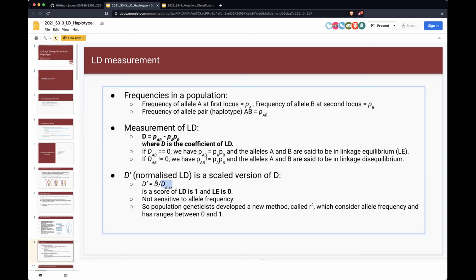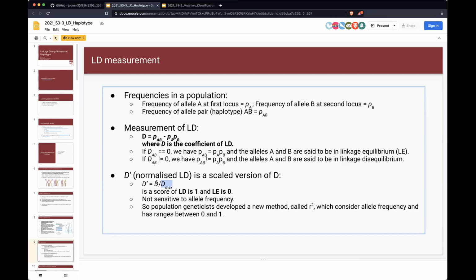So if you think about the entire genomic region, you have lots of alleles within the region, and some of the alleles have high frequency and some of them have low frequency. So when you measure the pairwise information from two alleles, you can calculate the maximal value of the coefficient.